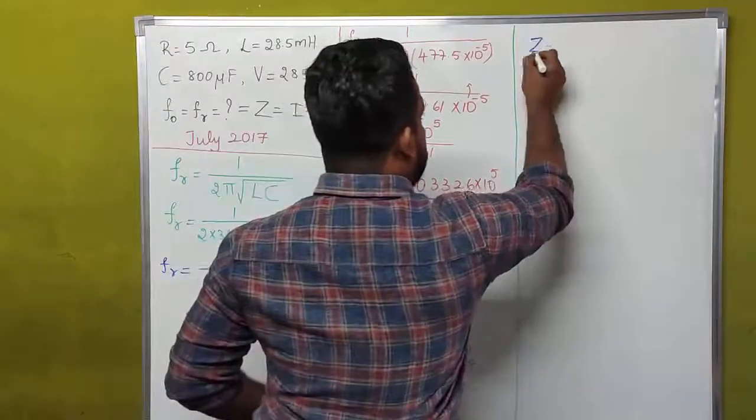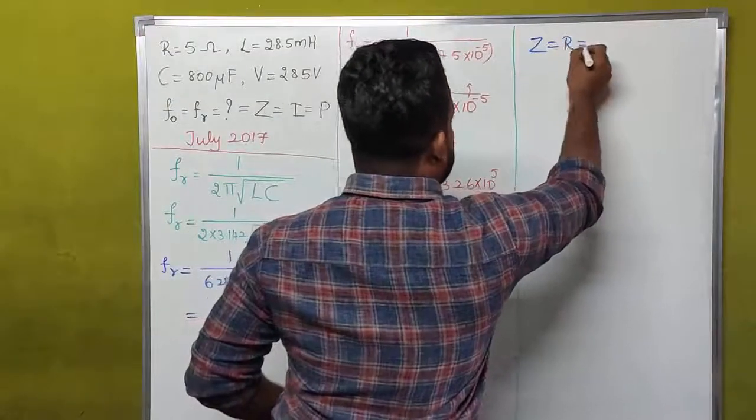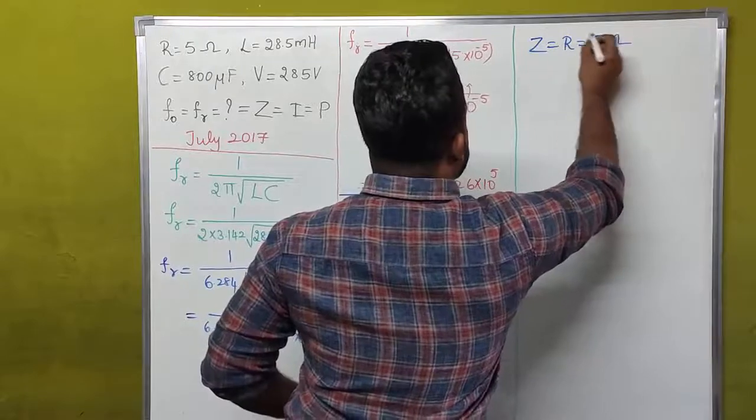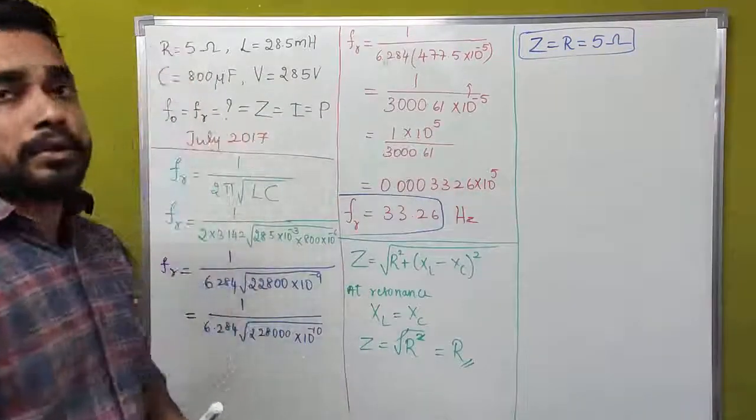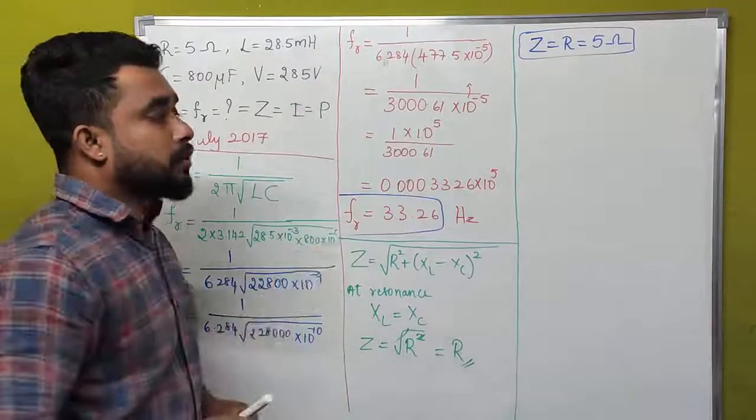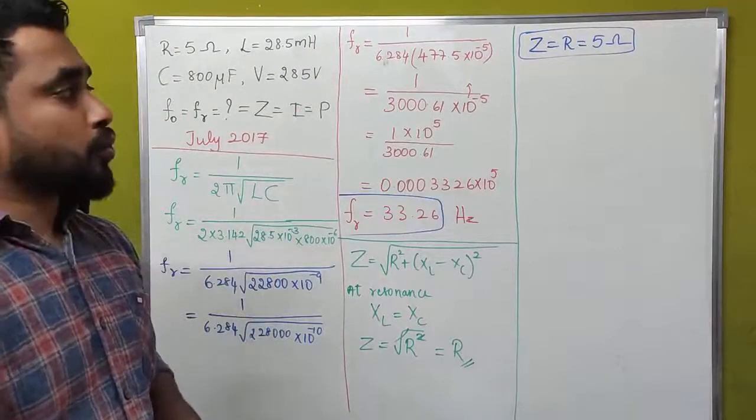Therefore Z is equal to R is equal to 5 ohms. This is the total impedance of the circuit.